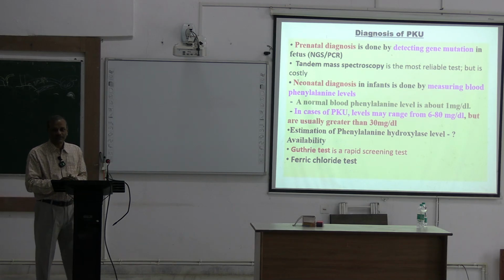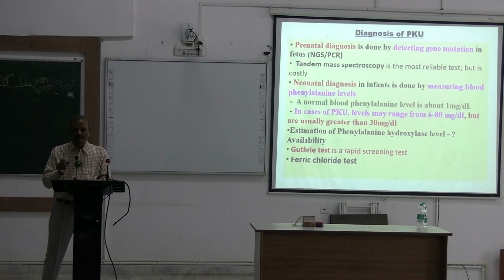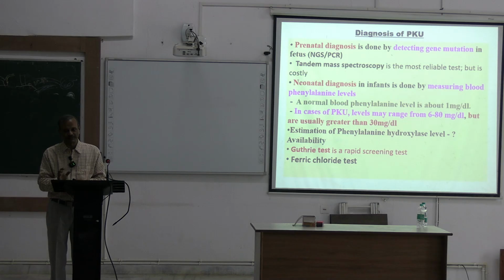Guthrie's test I described in the practical class to 4 MBBS batches, from 1988 to 1991, showing how it is done with the bacteria petri dish. Since it is a theory class, I will try to simulate as much as possible.